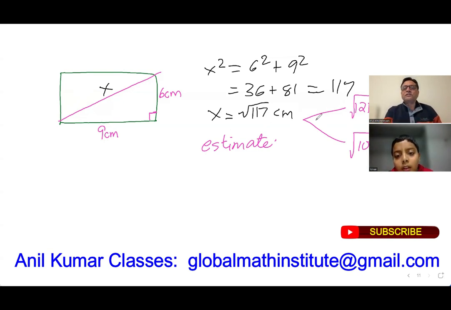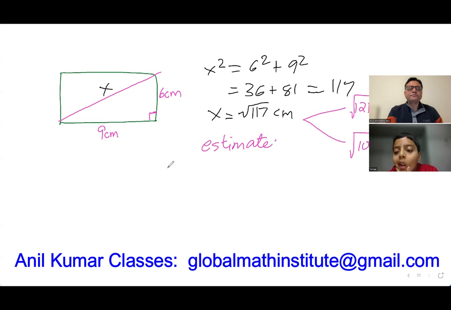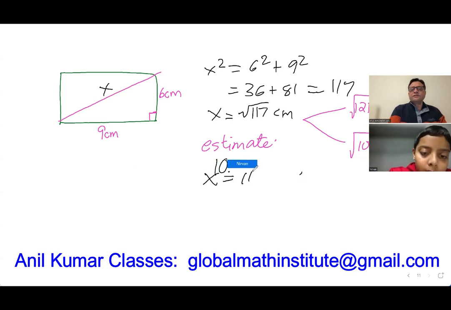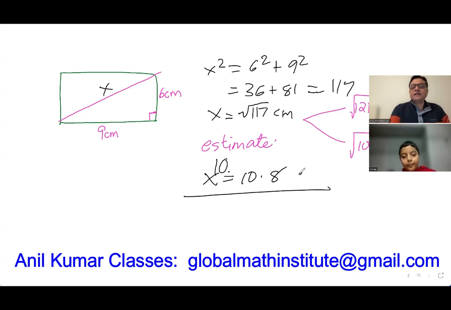So how much do you expect? It's 10 point something, very close to 11, like 10.7, 10.8. So your estimate is 10 point, let's say 8, centimeters in this case. Very good job.